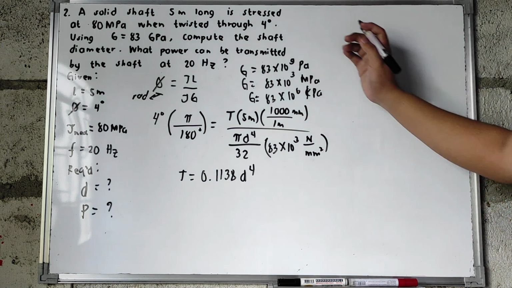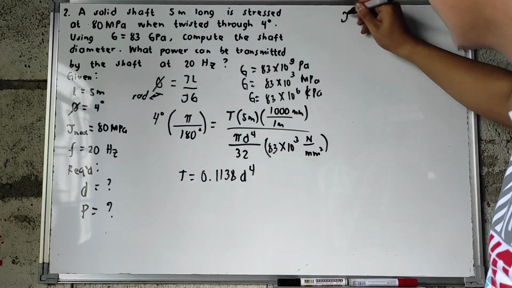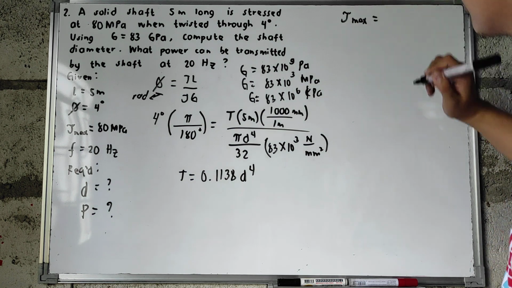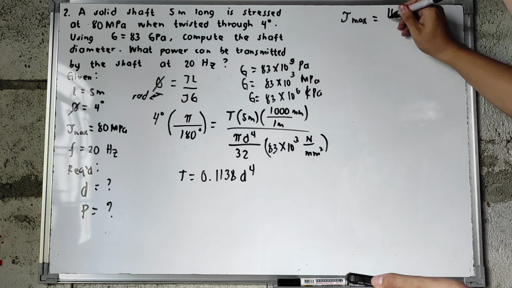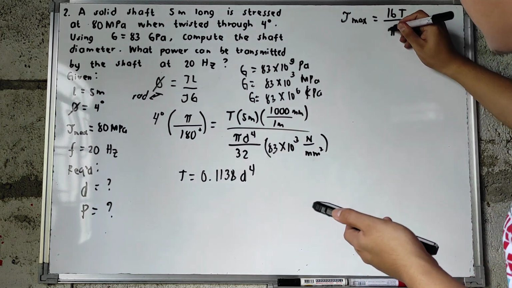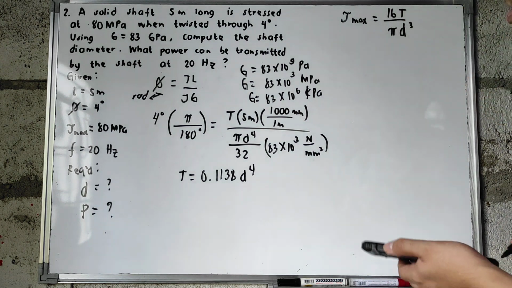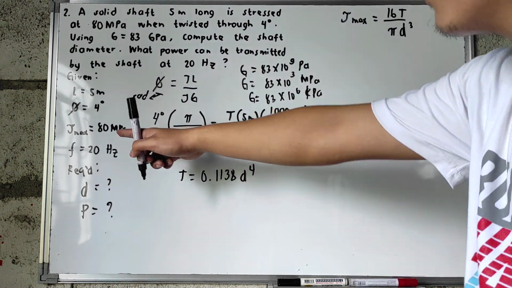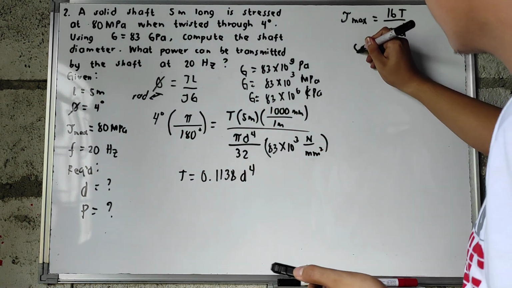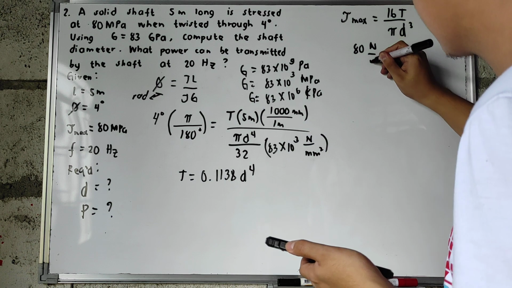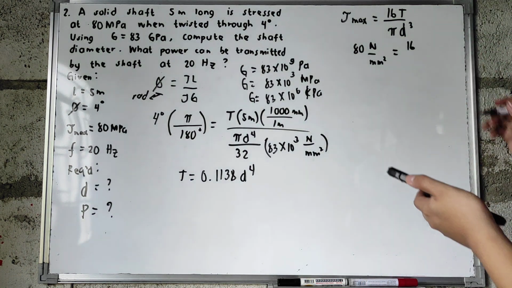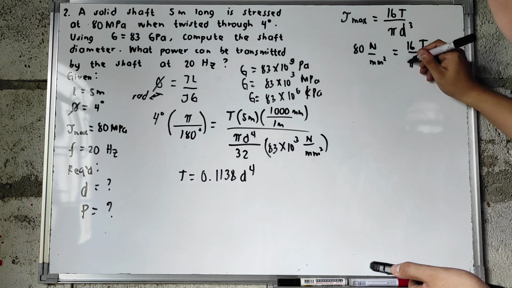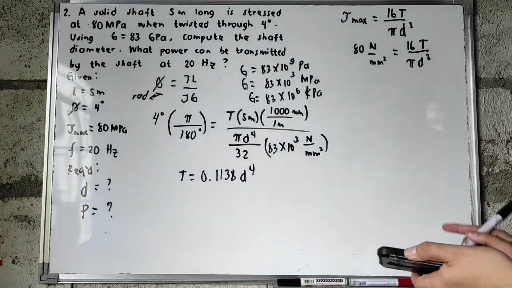Next, we use our formula for the maximum torsional stress, which is equal to 16T all over pi D cubed. The value of your maximum torsional stress is 80 megapascal, equal to 16T all over pi D cubed.